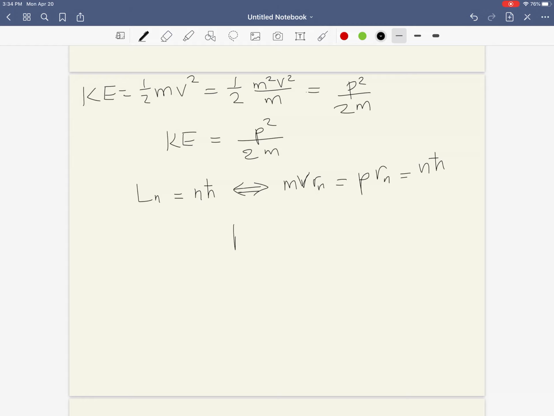So that means that we can solve for the momentum p as n h bar over r sub n. But we need to form the momentum squared divided by 2m. So the kinetic energy is then p squared, which is n squared h bar squared over r n squared times 1 over 2m.